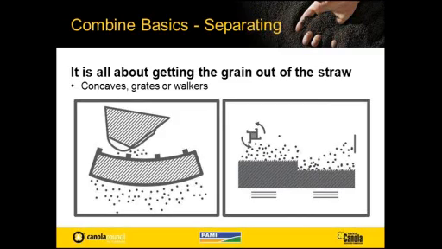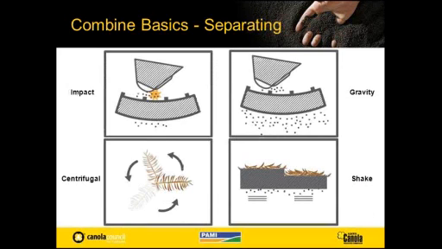The more threshing action and the farther it gets back through the system, typically the more chaff and material other than the seed is separated with it. So we try to minimize that. But it's really about getting the seed out of the straw. And that happens at concaves, grates, and walkers.